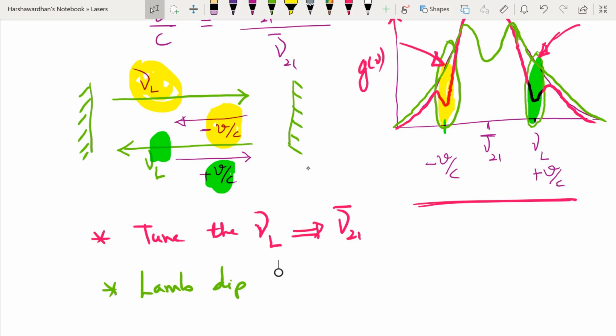So remember that this is actually an effect arising out of the standing wave pattern with the two counter-propagating fields, and the velocity distribution of active atoms is symmetric about that central collection.